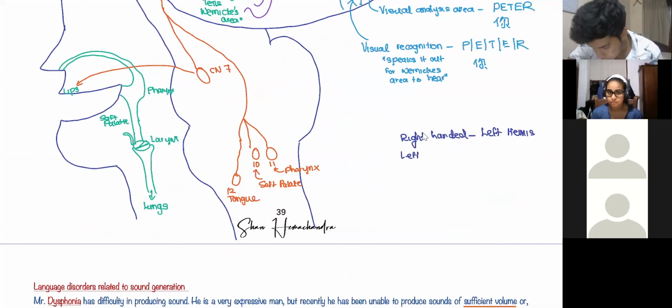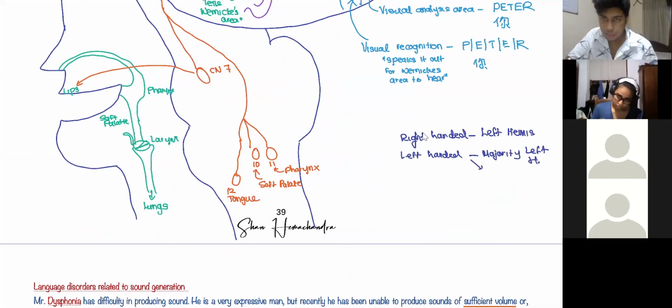Left-handed people, majority, have the Broca's area on the left hemisphere. Some of them have the Broca's and the Wernicke's area on the right hemisphere.